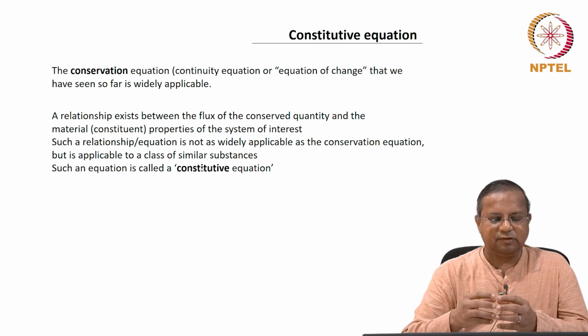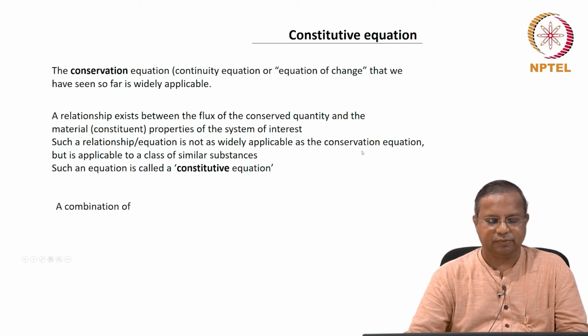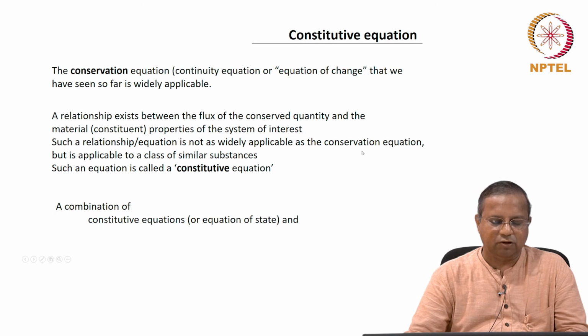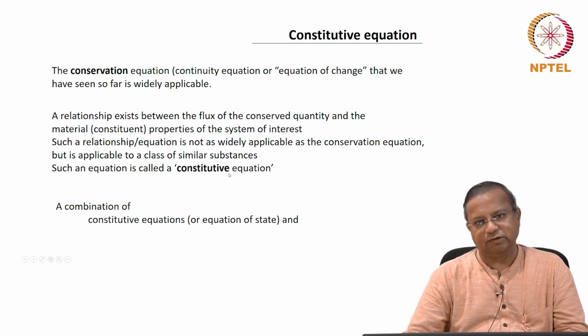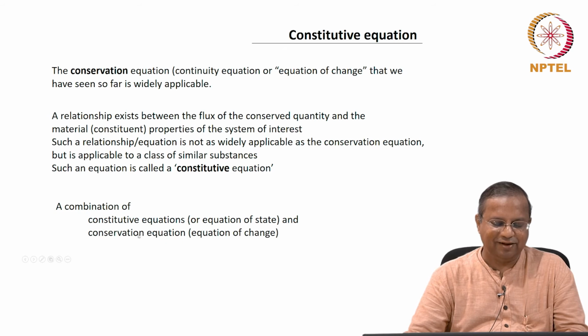And since it is related to the constituent properties, we call it the constitutive equation. A constitutive equation is the equation of state. Do you recall the equation of state now? Think about it. Conservation equations, equations of change. Constitutive equations, equations of state. PV equals nRT is an equation of state.